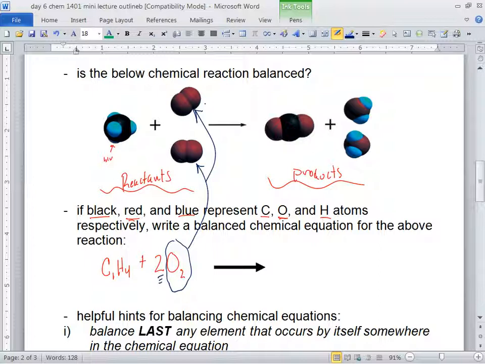Okay. Product side, Giselle, how would you write the products? C1. Red is, I think, red is oxygen. So how many? Just with this one is what you're trying to write, right? Just 2. Okay. Do you see that, Lauren?